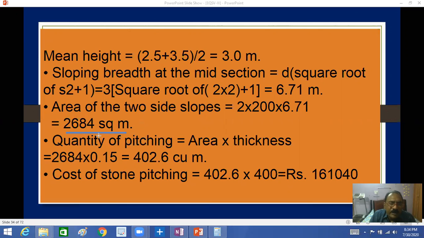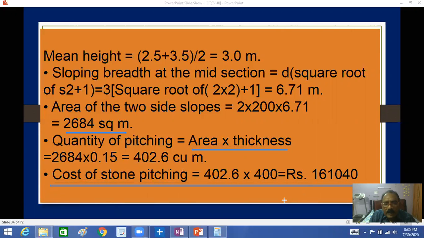For the quantity, you convert 15 centimeters into meters, and area into thickness gives the total cubic meters required. The cost of stone pitching is 402.6 into 400, that is 1,61,040 rupees. This is the way we calculate the cost of the pitching.